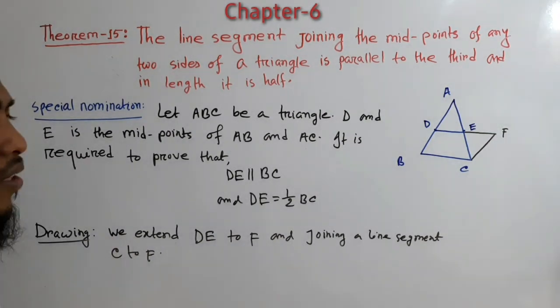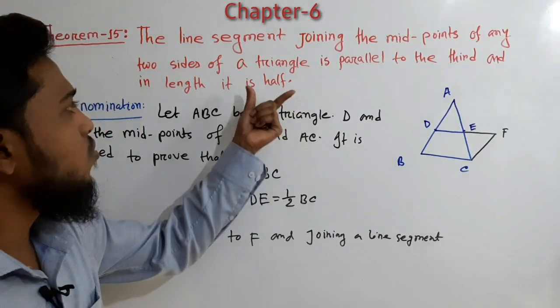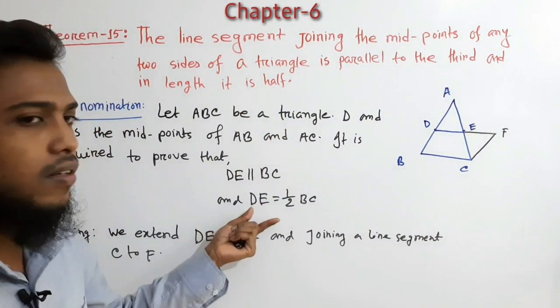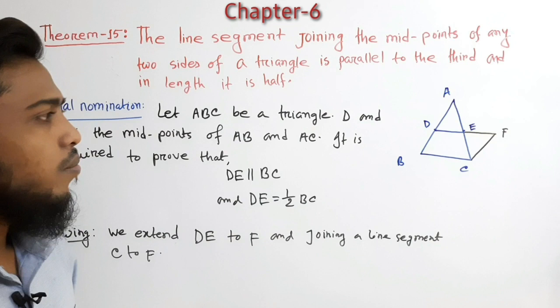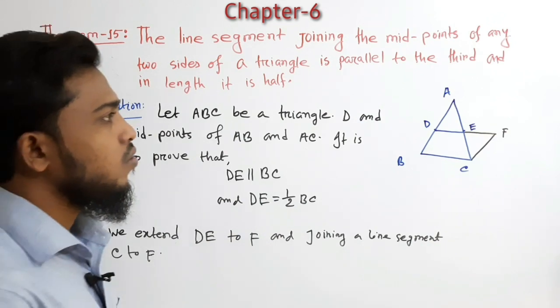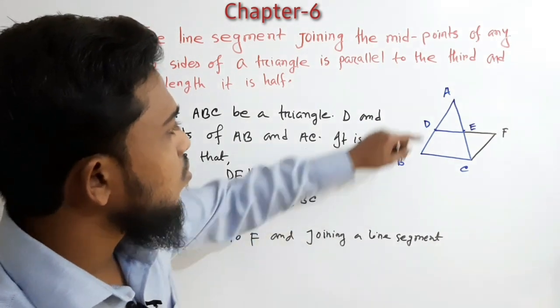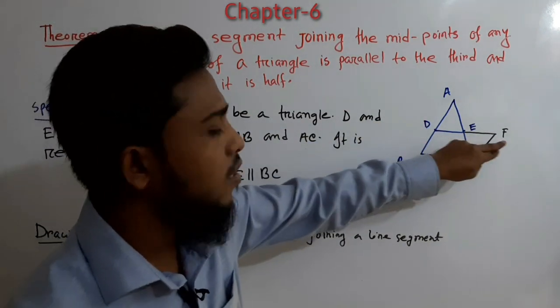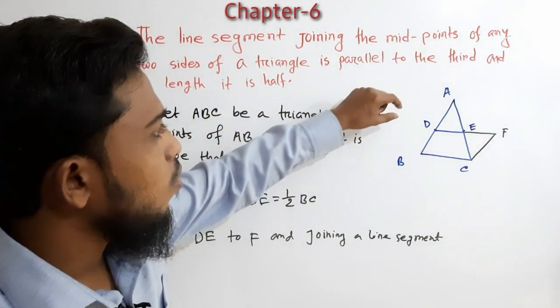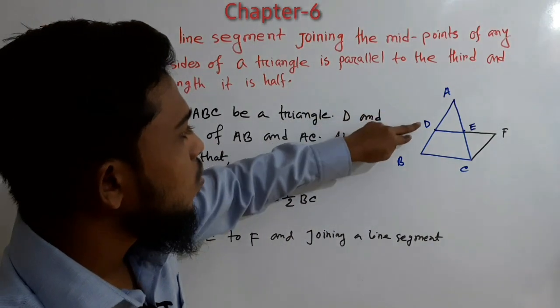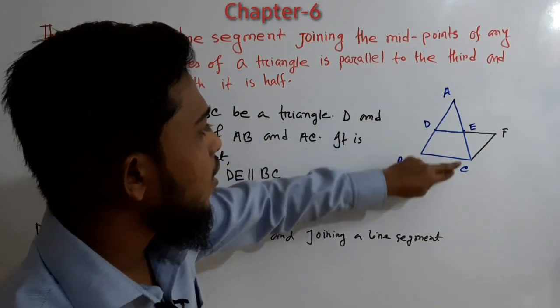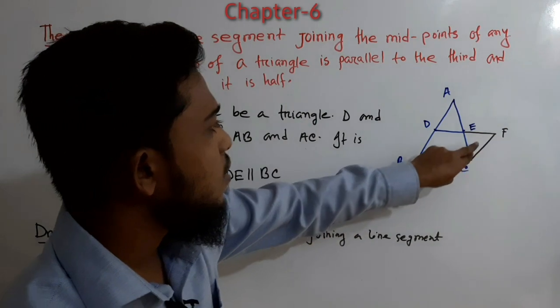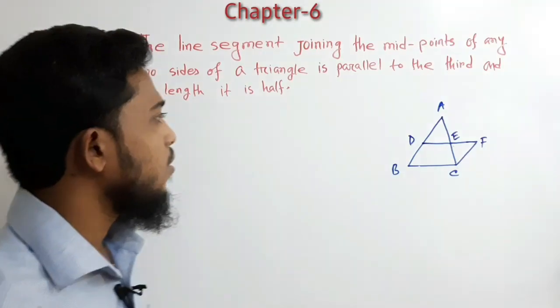Dear student, if you prove this theorem according to our special nomination, first of all you have to consider two triangles, ADE and CEF, and you have to show triangle ADE congruent to triangle CEF.